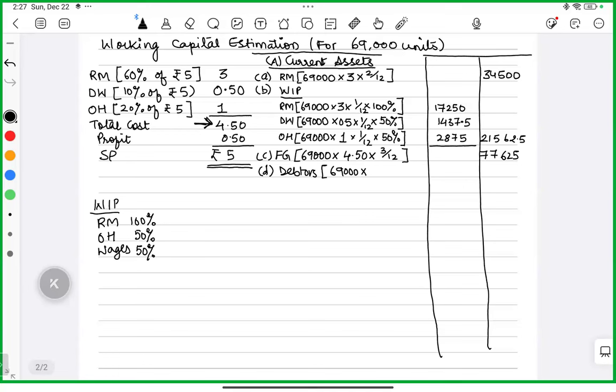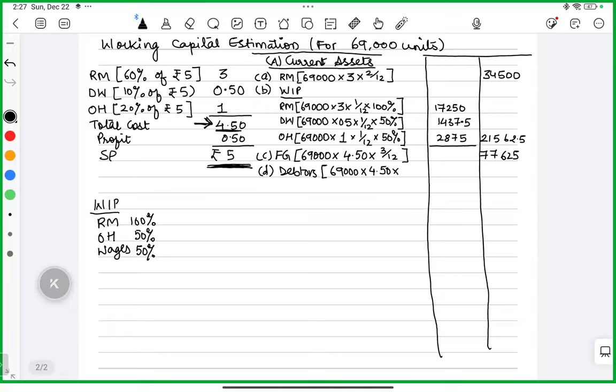So if you see this question, your investment or your expense per unit is 4.50 and not 5. You will realize 5 rupees later, okay? But what is your investment in this? It is 4.50.